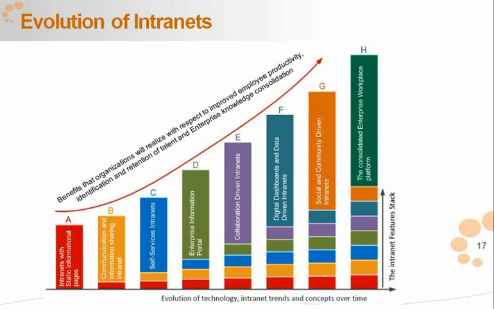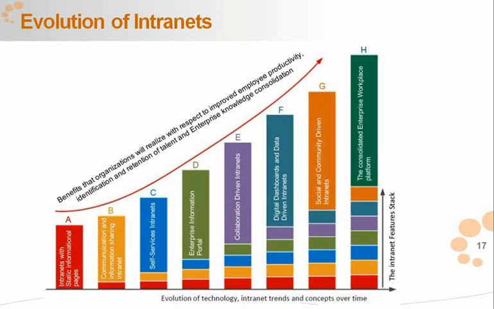And enterprise information portal. These elements from A to D are pretty much very old stuff, for which we thought of implementing an intranet and a centralized portal within the organization. Whereas for the elements from E to H, you can have a look: collaboration-driven intranet, digital dashboards, social and community-driven intranet, the consolidated enterprise workplace.